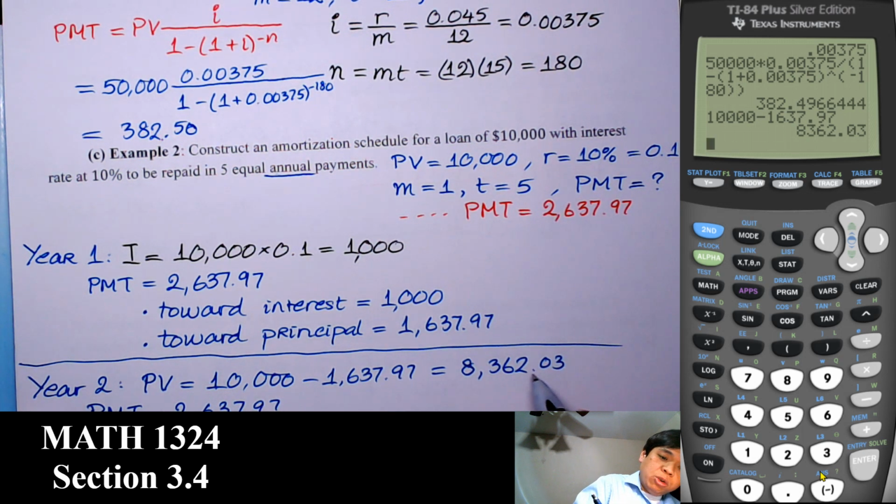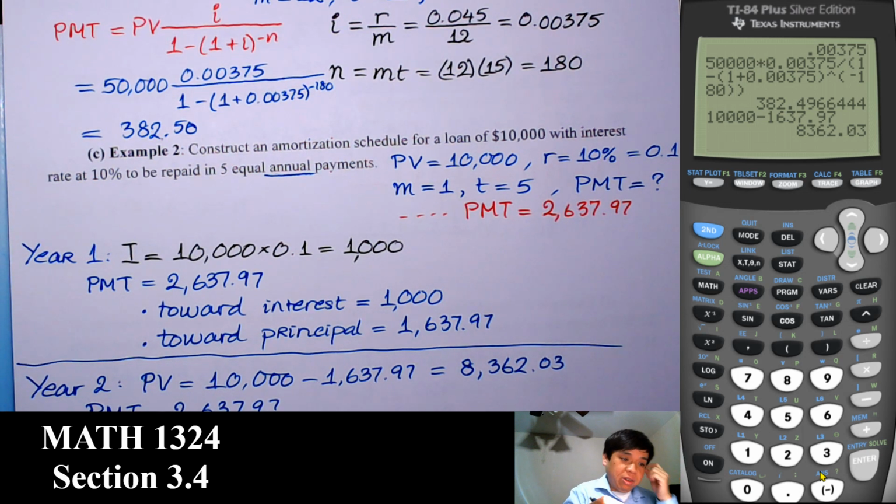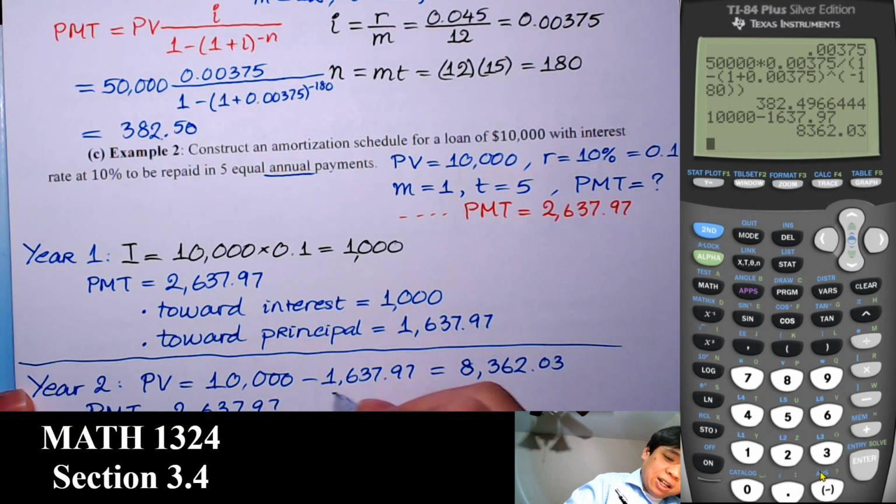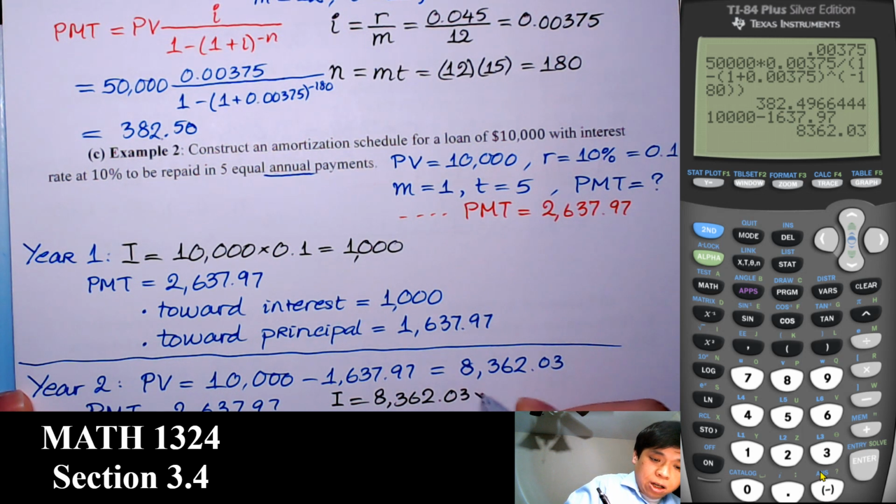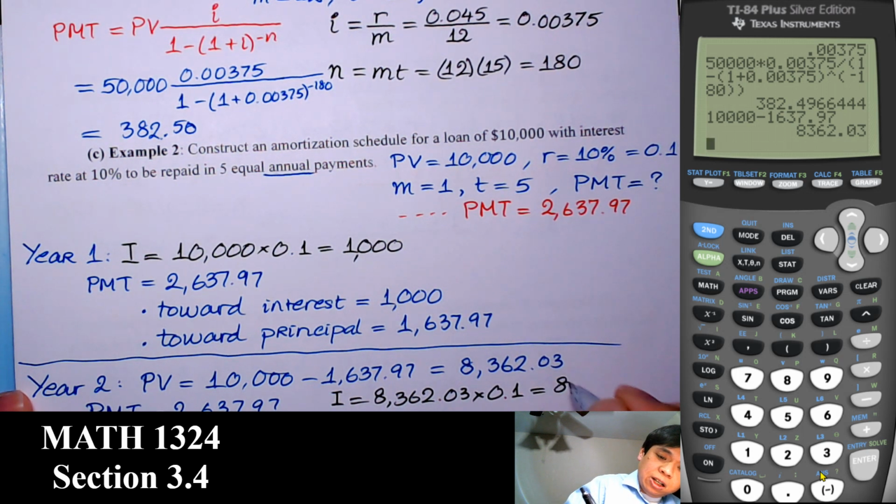But the toward interest, we haven't calculated interest, haven't we? Sorry. The interest is going to be this amount times the interest rate of 10%. So that gives us 836.20.